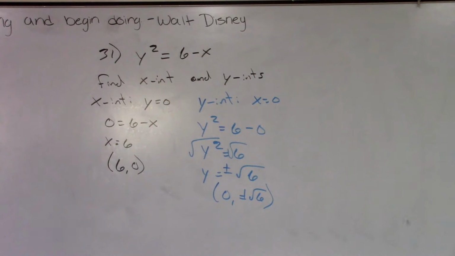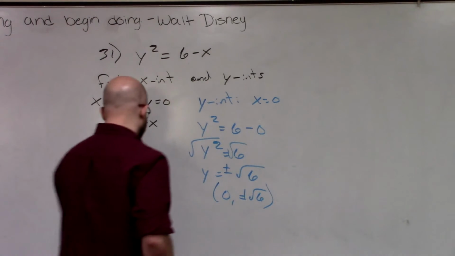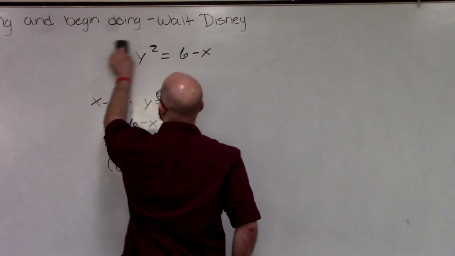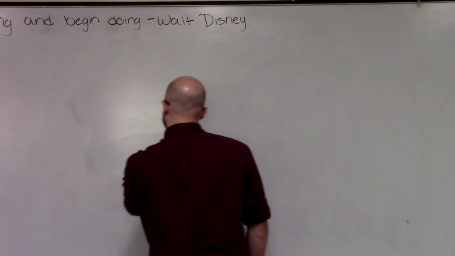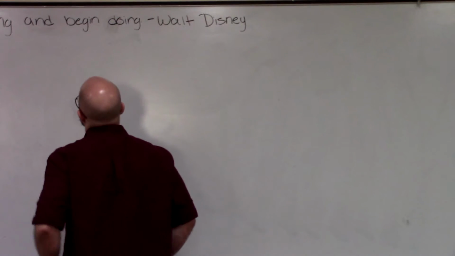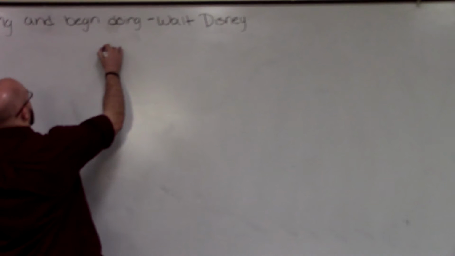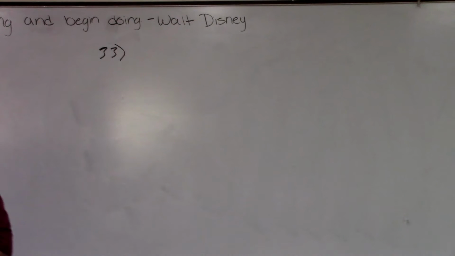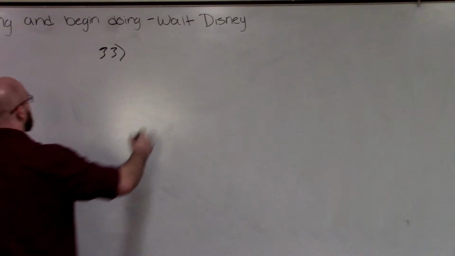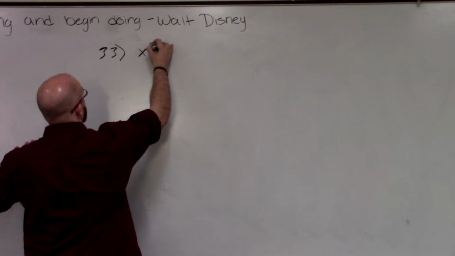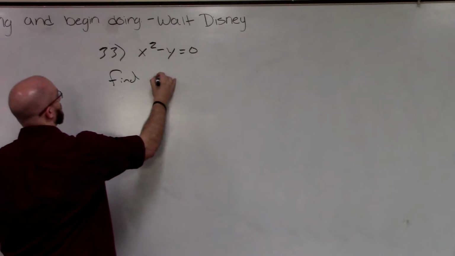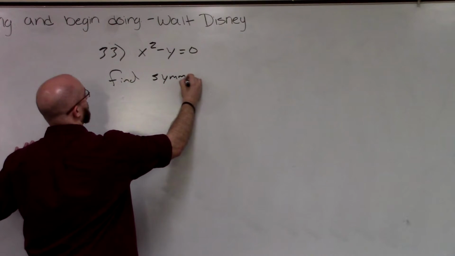Now, moving on to symmetry problems. We're going to do 2 examples. The first one will be number 33, where we have x squared minus y equals 0, and we want to find symmetry.